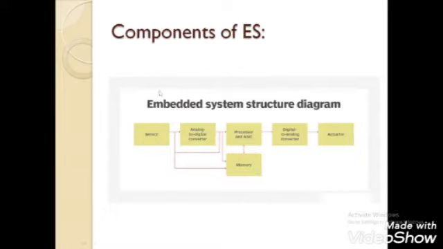So what are the components of embedded systems? The first, or main, component is the sensor, then the analog to digital converter, processor, memory, digital to analog converter, and the actuator, where we take the output. Sensor examples are LDR and temperature sensor.